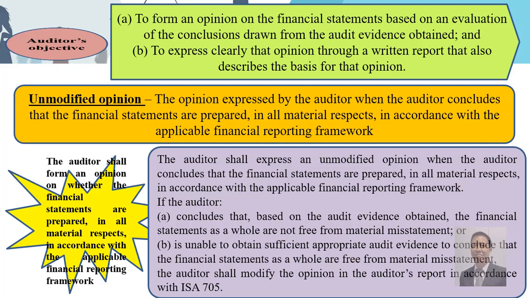So if the auditor concludes, based on audit evidence, that the financial statements as a whole are not free from material misstatement, or is unable to obtain sufficient and appropriate audit evidence to conclude that the financial statements are free from material misstatements, modification of the report is required, and this will be under ISA 705.